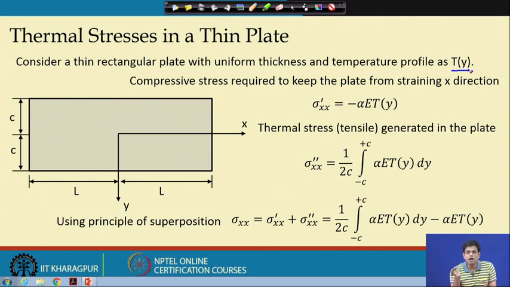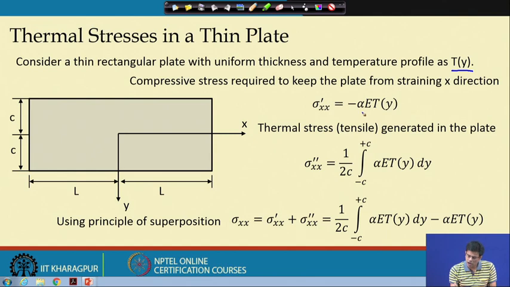But if I try to resist in the x direction, the compressive stress is essentially required to keep the plate from straining in x direction. So, if I am not allowing this direction to freely expand, then the compressive stress is essentially alpha E delta T.